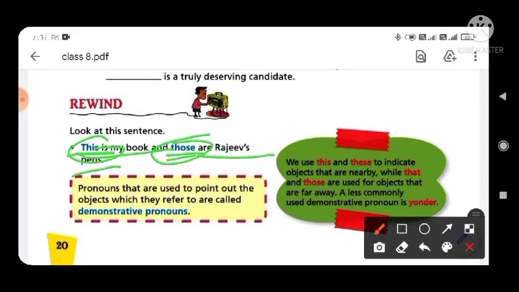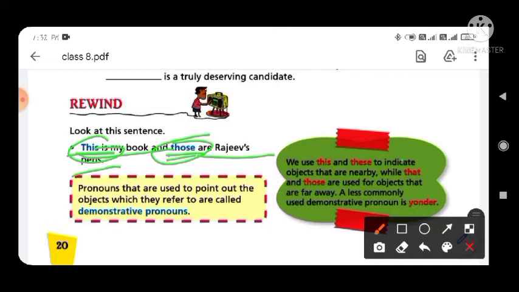This and these are used to refer to things that are close by. This and these refer to nouns that are nearby in time or space, and that and those refer to nouns that are further away in time or space.